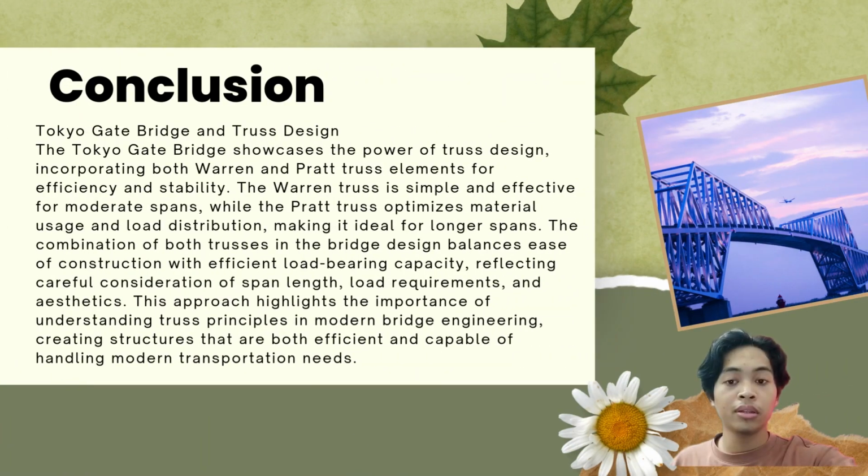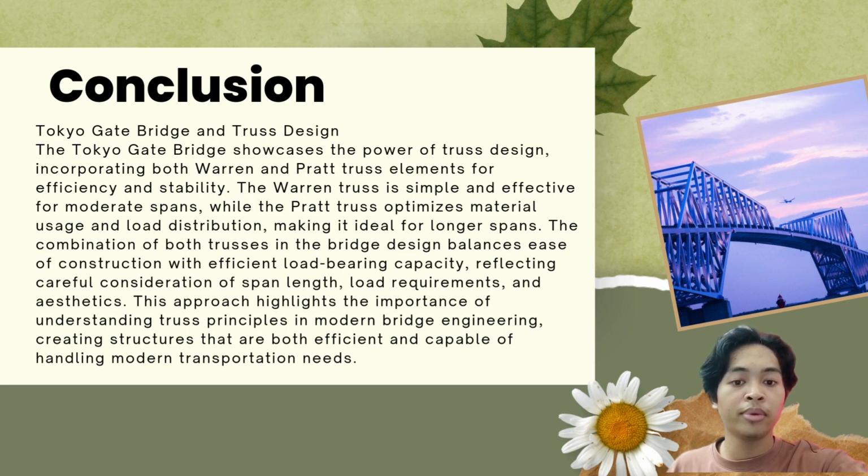For conclusion, the Tokyo Gate Bridge showcases the power of truss design, incorporating both Warren and Pratt truss elements for efficiency and stability. The Warren truss is simple and effective for moderate spans, while the Pratt truss optimizes material use and load distribution, making it ideal for longer spans.